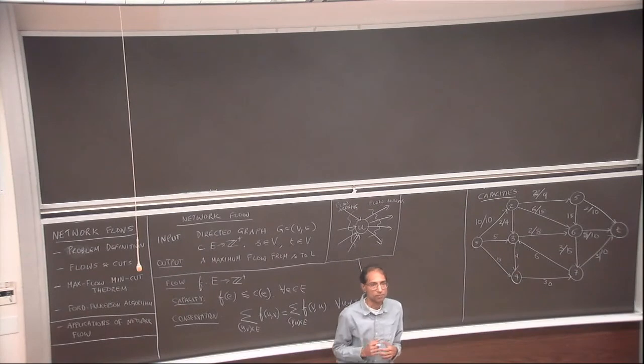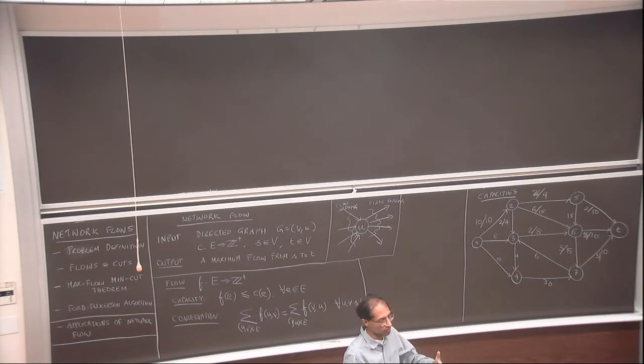Can we have multiple sinks in one network? Good question. The answer in general is yes. There are a variety of network flow problems. Some problems allow you multiple sinks, multiple sources, and it depends upon the definition of the problem.